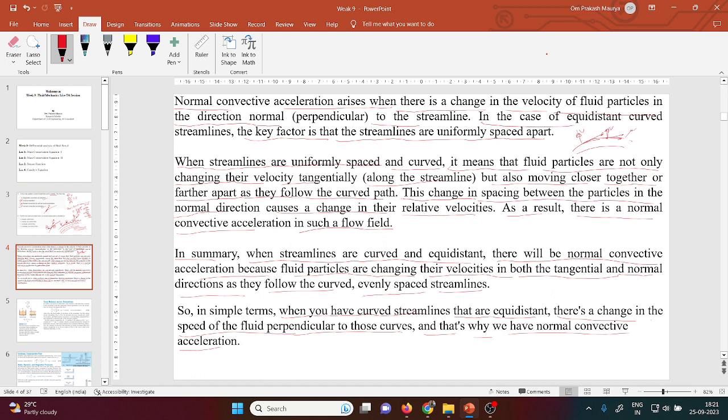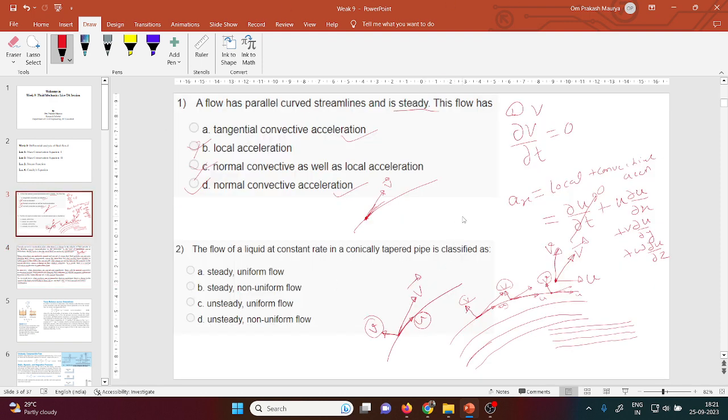So here the concept is that if the streamline is curved, the main concept is similar.